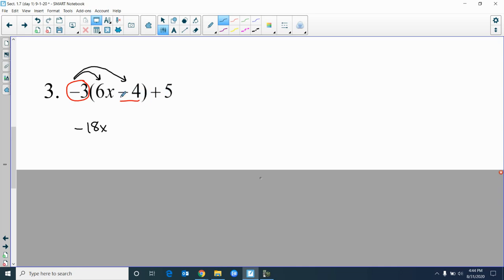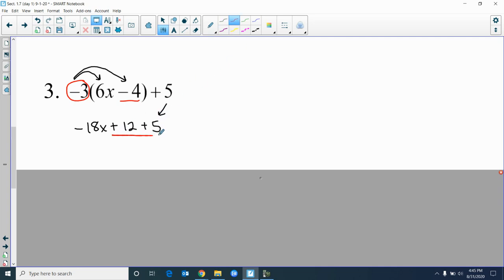Negative 3 times negative 4, negative times a negative is a positive 12. Negative 3 times 5 is a minus or negative 15. Oh, nope. Sorry. This plus is outside that parentheses. You do not multiply the negative 3 times it. You just bring that down. Okay, do not multiply negative 3 times that.